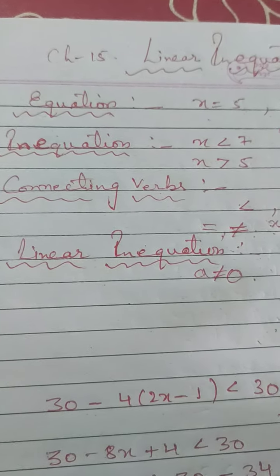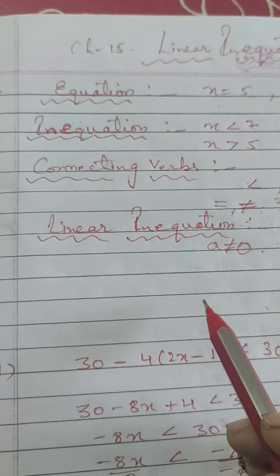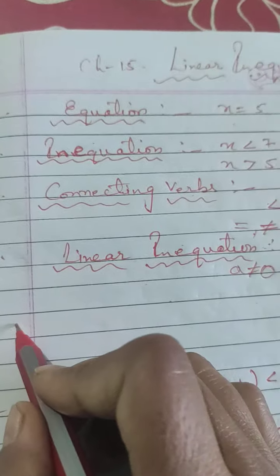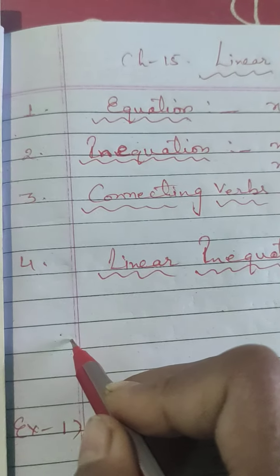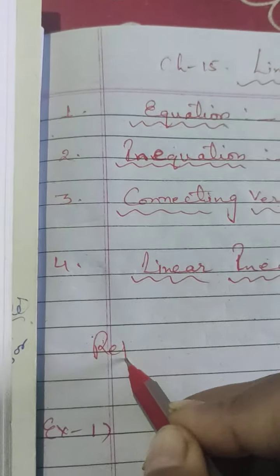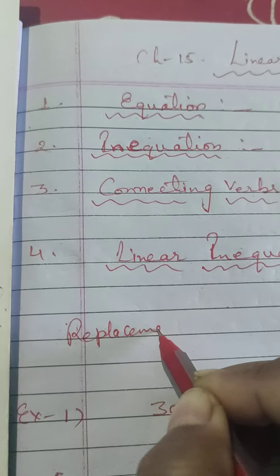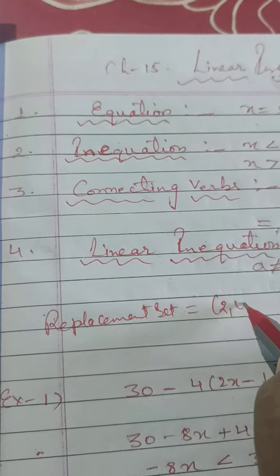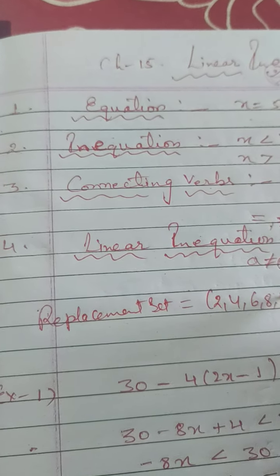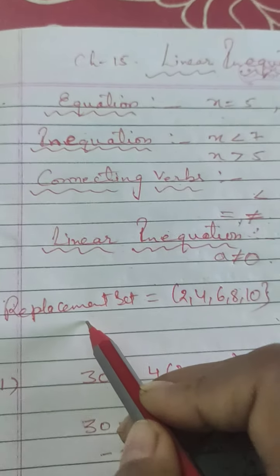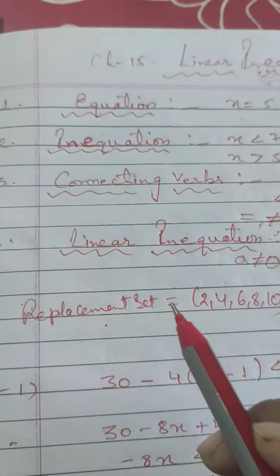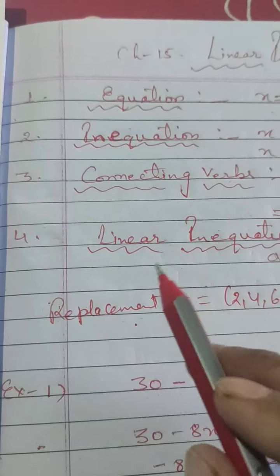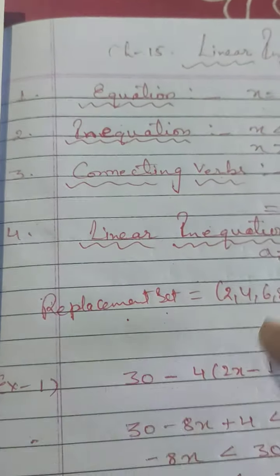Now second is replacement set and solution set. What is replacement set, children? Suppose I am taking the replacement set 2, 4, 6, 8, 10. First of all understand, replacement set is also known as universal set. Universal set means all the numbers present in this set.